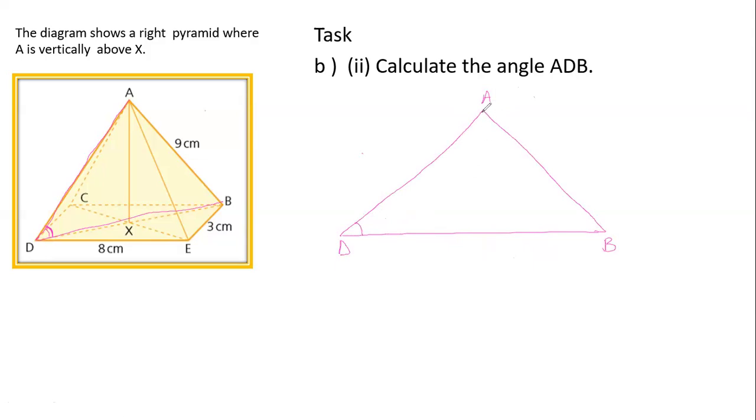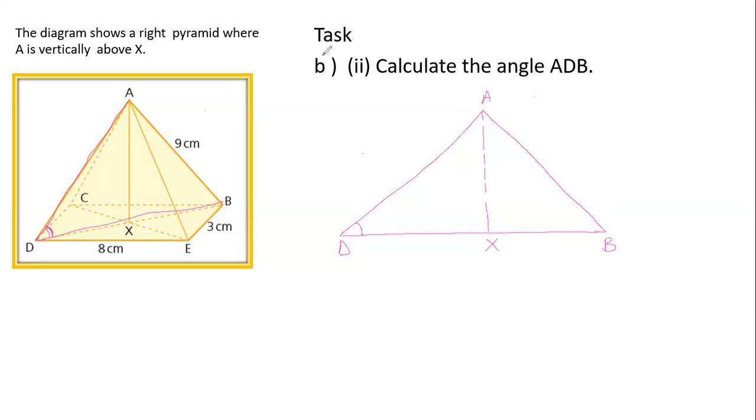What I can do, I can first come here. I draw and I say this is my 90 degrees. This is where X is, and this is where B is. I first form my right angled triangle. Do we know D to X?